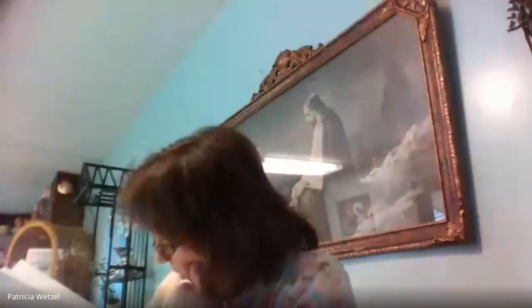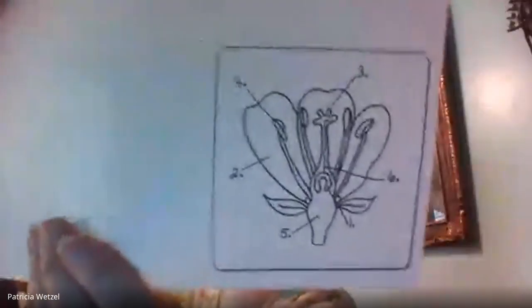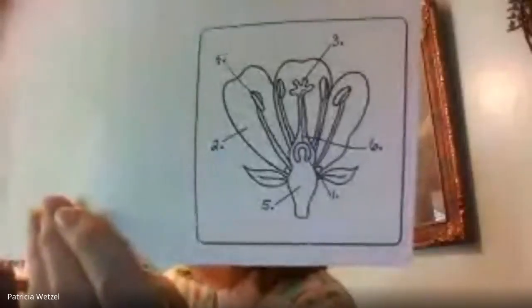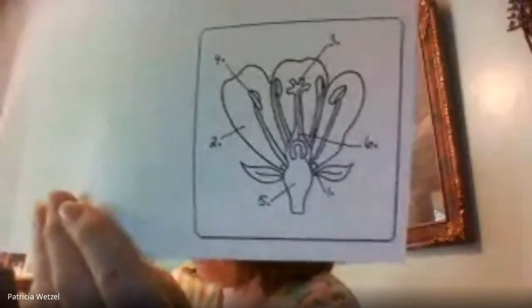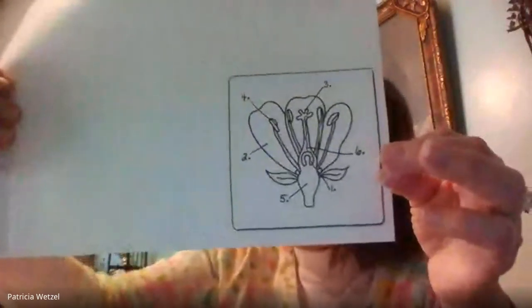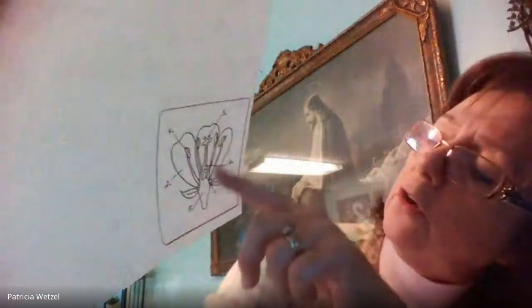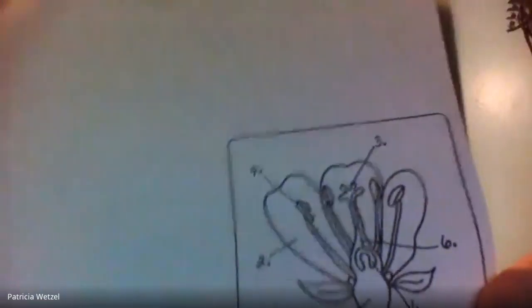Oh, yeah, she is right. We did say that last time. She's right, Irfan. The pollen tube would be number 6 on there. And the ovary is number 5. You're right. You remembered that.